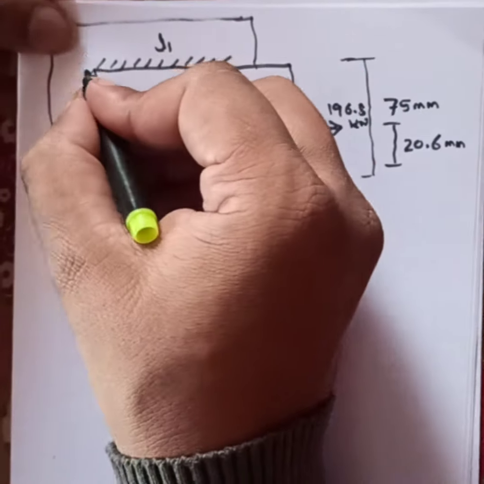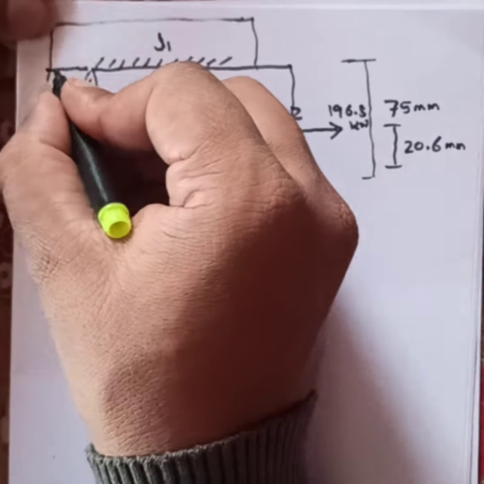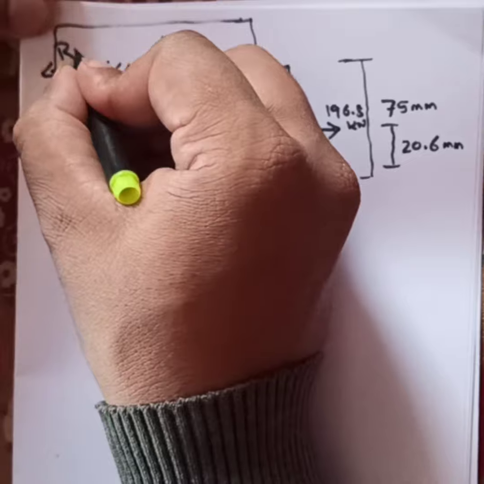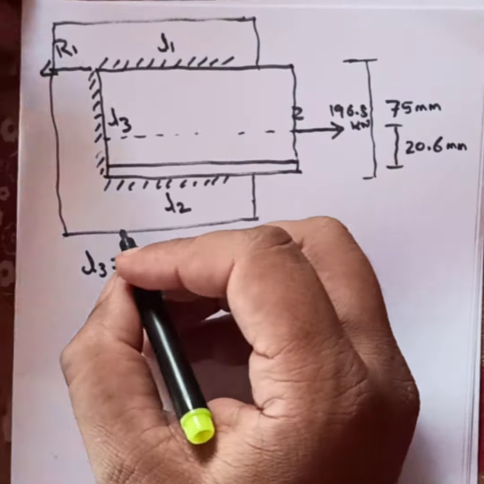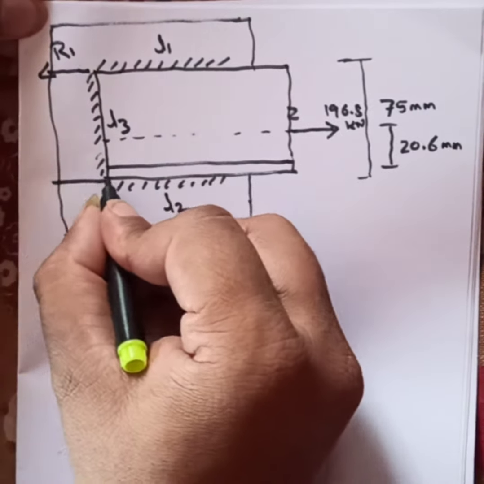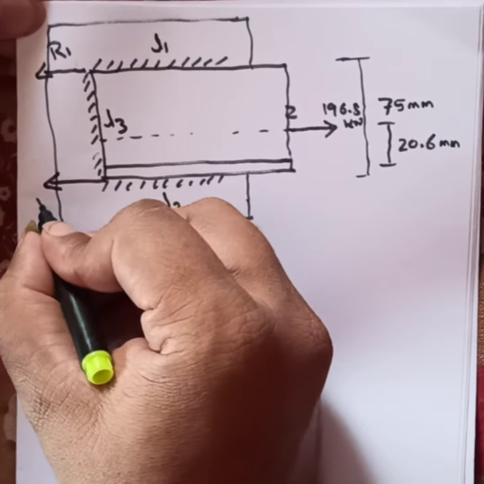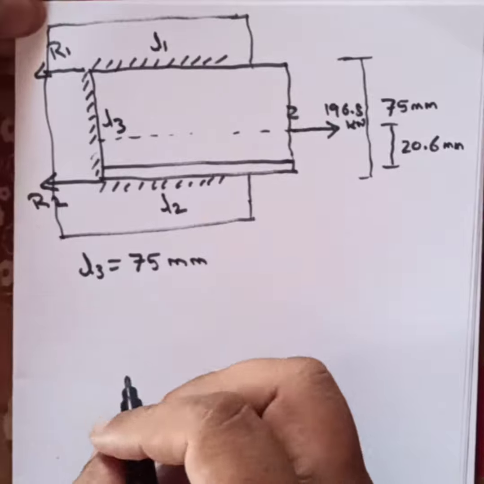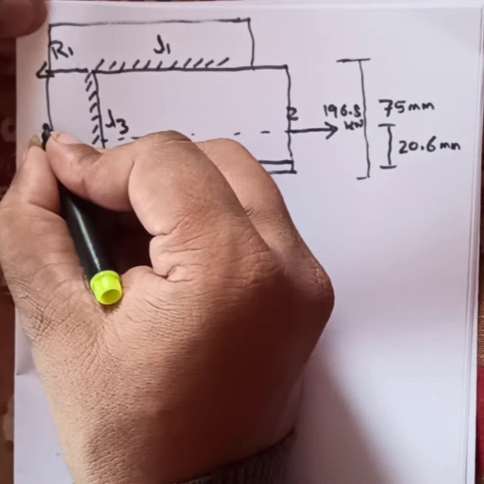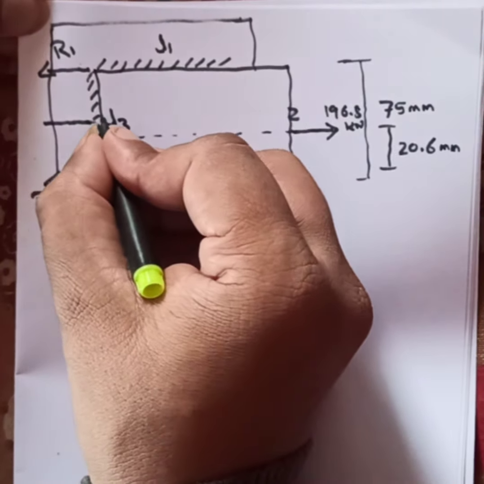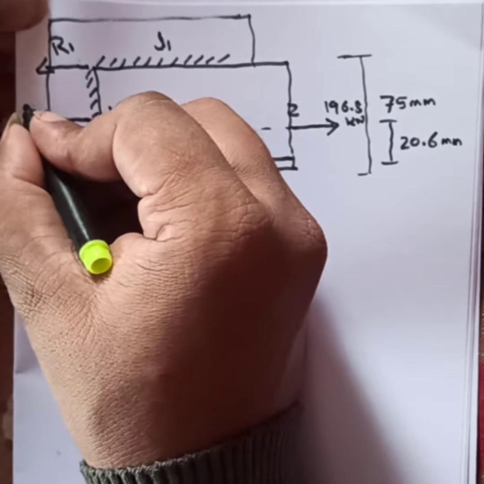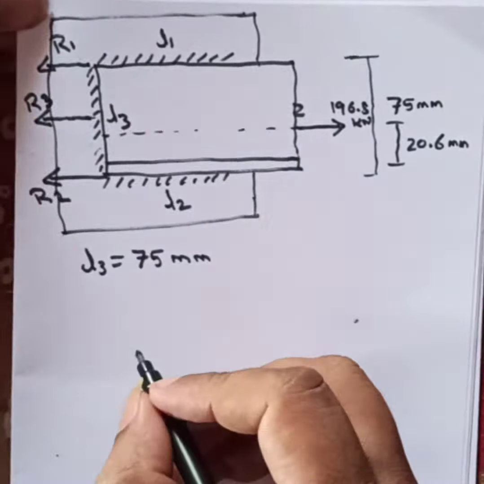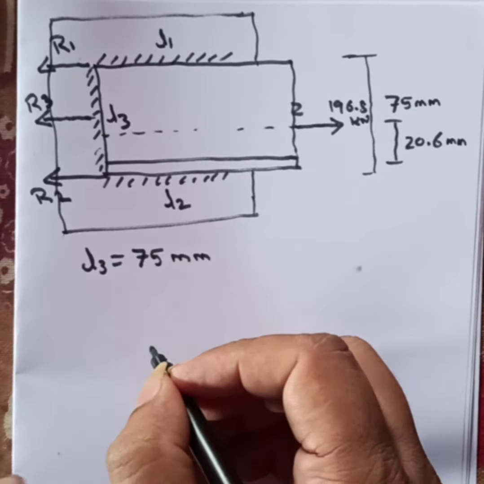Now length L1 will have some strength, I will call it R1. L2 will take some amount of load, I will call it R2. L3 will take some strength, it will come at the center in order to be concentric, so let me call it R3.